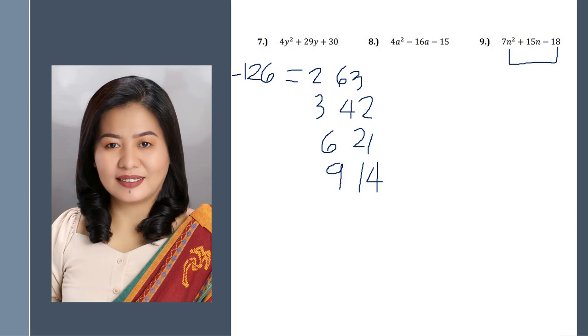Which one will give a difference of 15? That would be 6 and 21. So negative 6, positive 21.